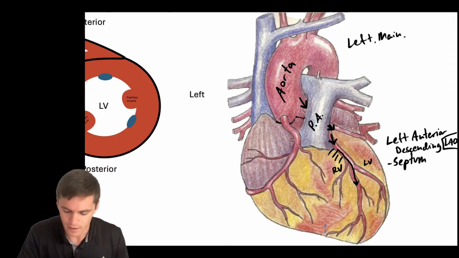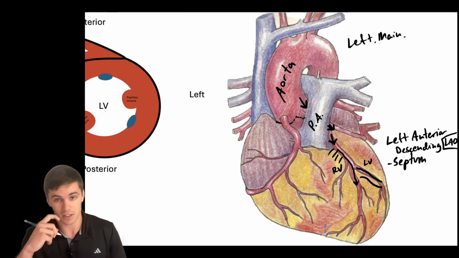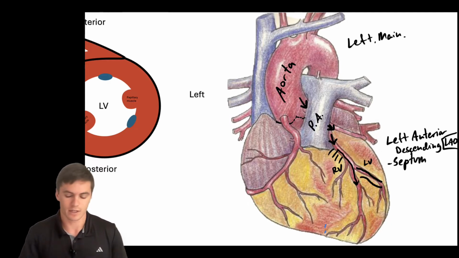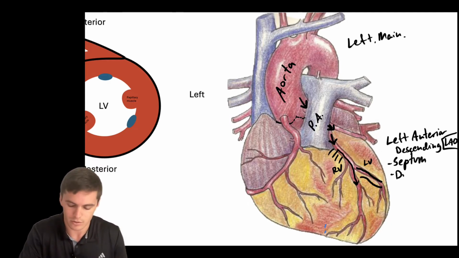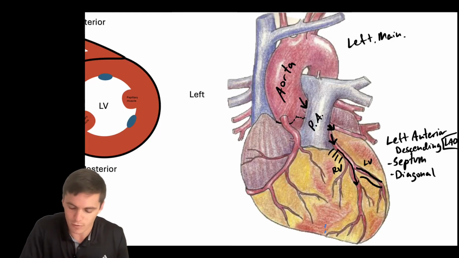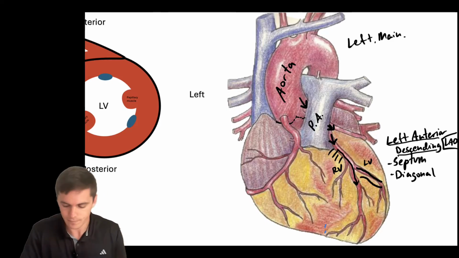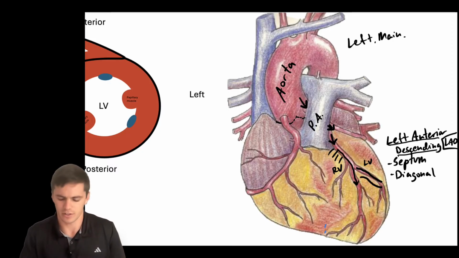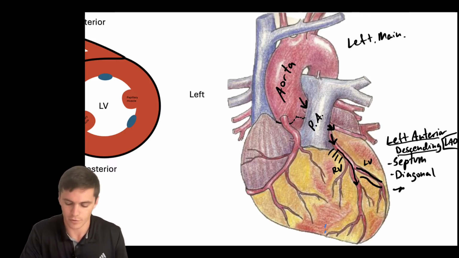It also gives off other vessels that continue to supply a bulk of the anterolateral myocardium. And these are called diagonals. So diagonal branches, right? So we've got septal perforators, we've got diagonals. And as you notice, let's talk about what anatomical region of the myocardium the left anterior descending perfuses.